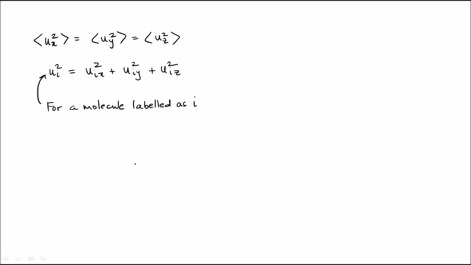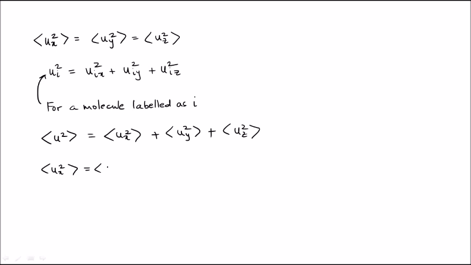So the average of the square of speed, u squared, is equal to average of ux squared plus average of uy squared plus average of uz squared. Because no direction is special, average ux squared is equal to average uy squared is equal to average uz squared is equal to 1/3 of average u squared.